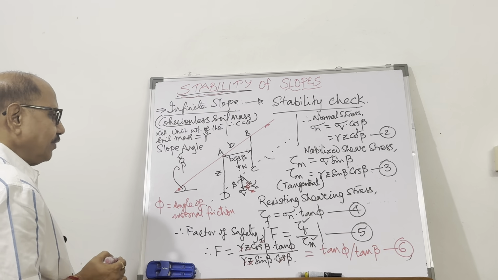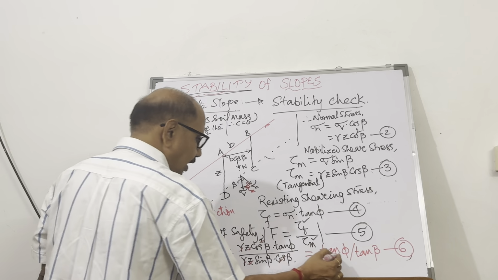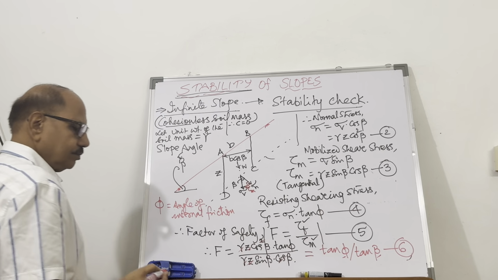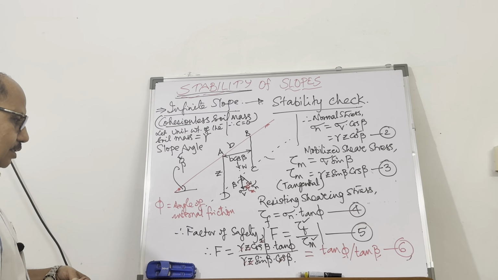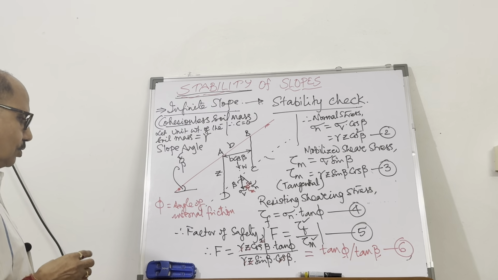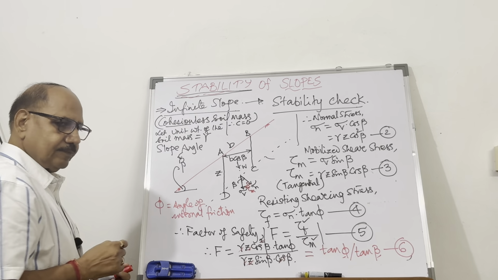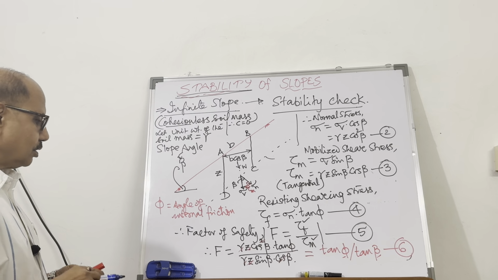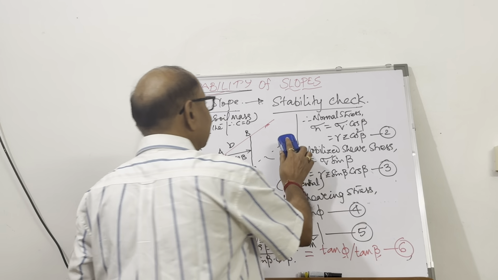Therefore, the factor of safety depends upon the value of phi and slope angle. So friends, for stability checks, the factor of safety must be greater than 1, and therefore tan phi upon tan beta should always be greater than 1.